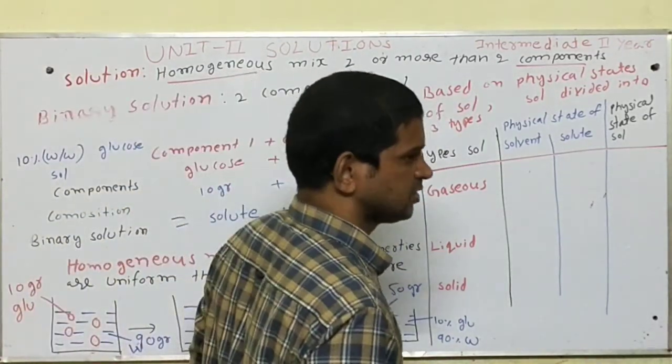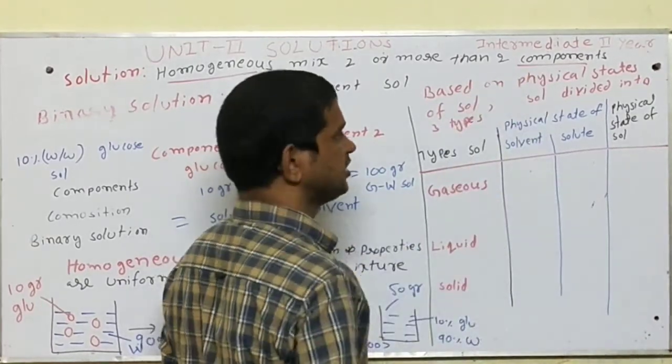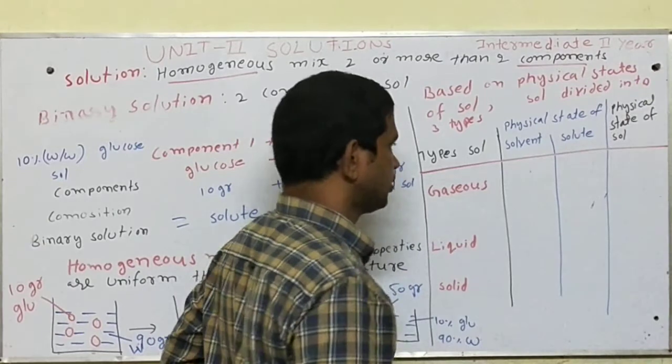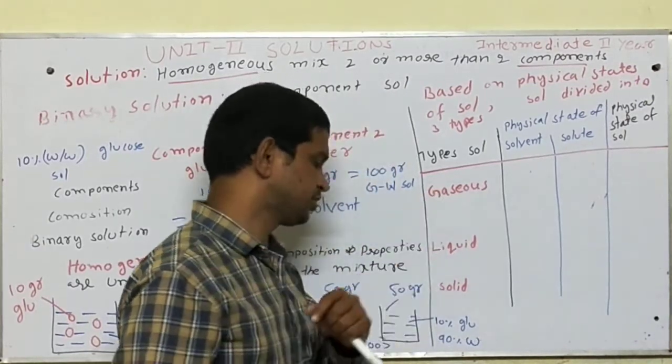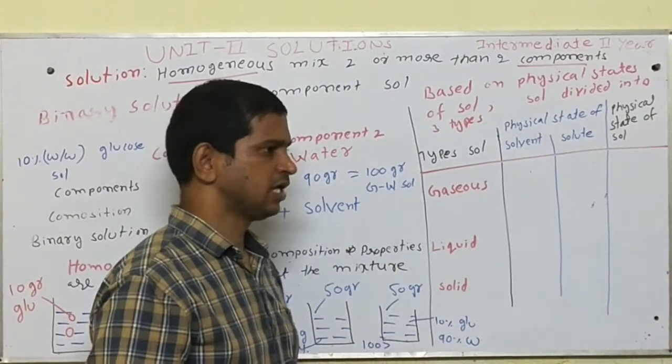Binary solutions, based on physical state of solution, are mainly divided into three types. Those are gaseous solutions, liquid solutions, solid solutions.